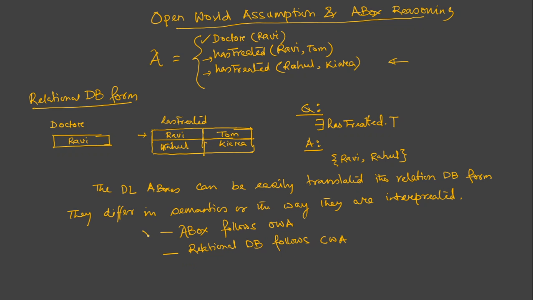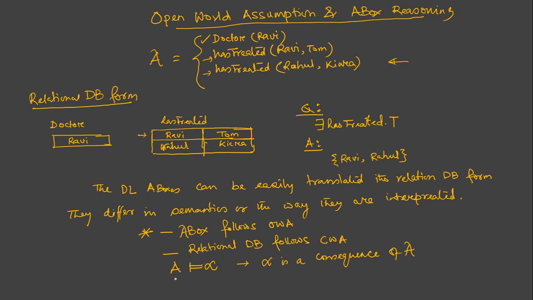For the case of the A box, if A entails a fact alpha, then we say that alpha is a consequence of A. That means if A is held true, then alpha is also held true, right?